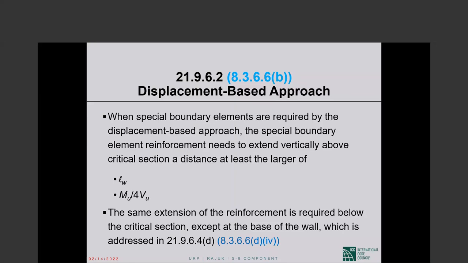So the special confinement shall extend above the critical section by the larger of those two things, the length of the shear wall or 1/4 the moment to shear ratio at the base. Below the critical section, the special confinement shall extend by the same distance if the shear wall is sitting on another structural member. Okay.